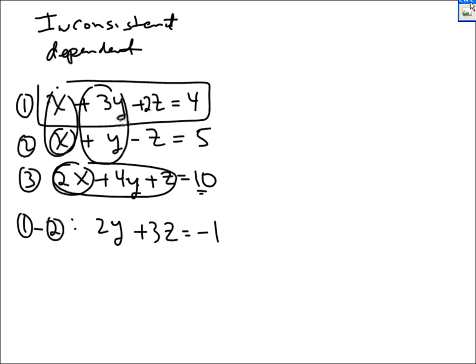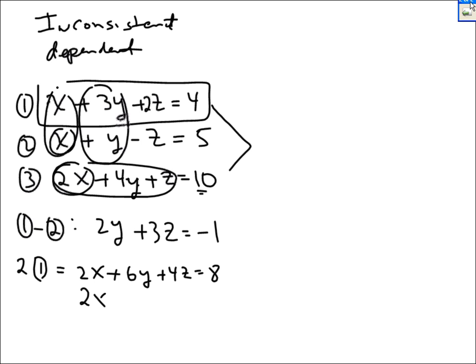Now I'm working on 2 and 3. I have to double equation 1. 2 times equation 1 is 2x plus 6y plus 4z is 8. And equation 3 is what I'm writing down.